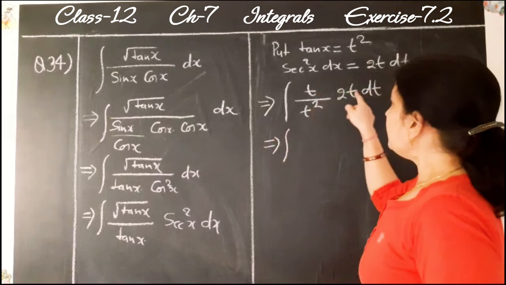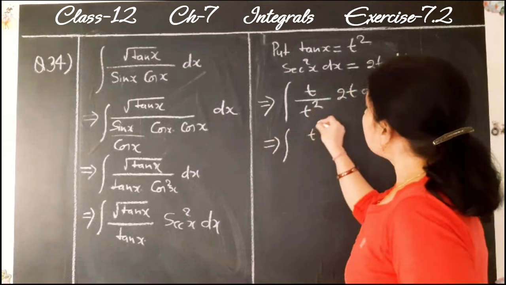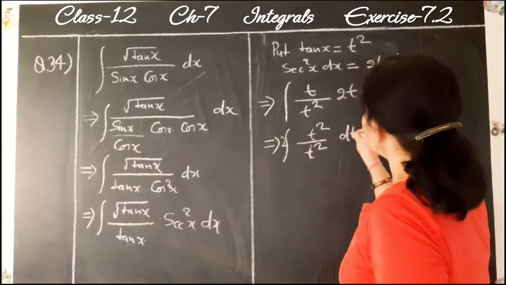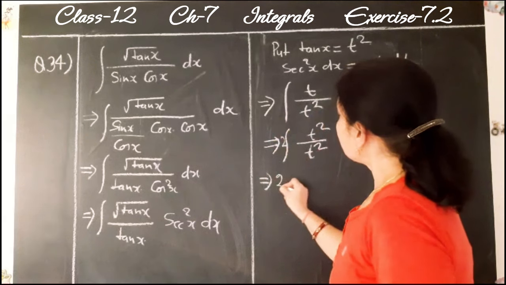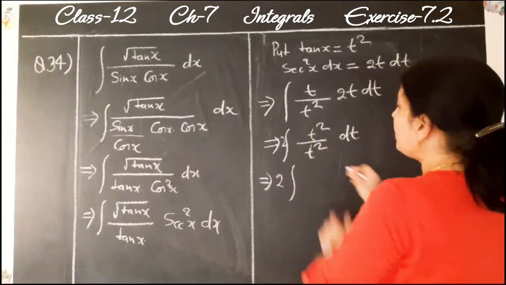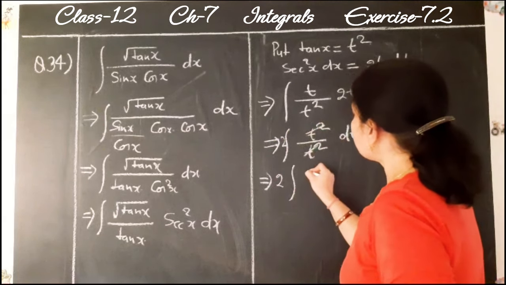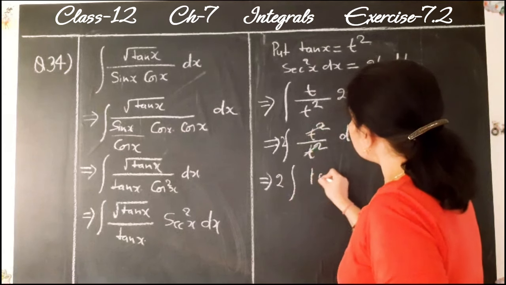So t into t will be t square divided by t square, and write this 2 outside dt. So 2 t square divided by t square will cut, so it become 1 dt. So write here 1 dt.